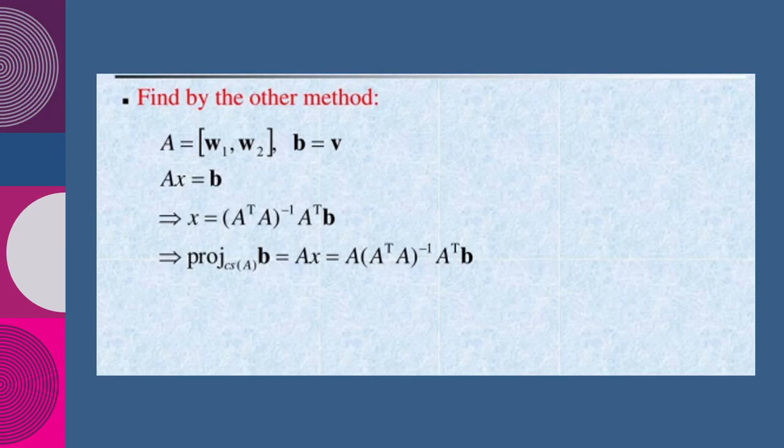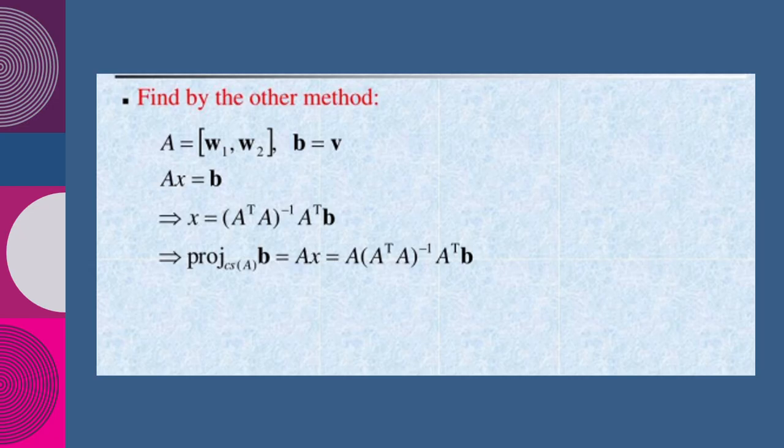There's actually another way to find the same projection using matrices instead of an orthonormal basis. We build matrix A using the original vectors w1 and w2 as its columns, and let b equal our vector v. We are basically trying to solve Ax equals b.